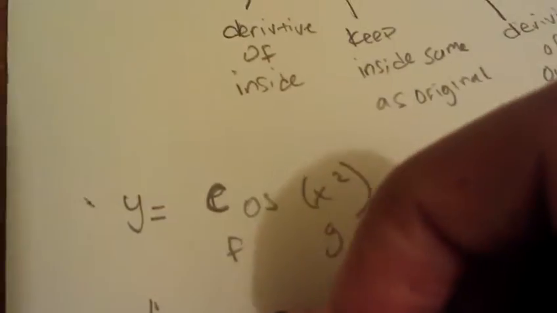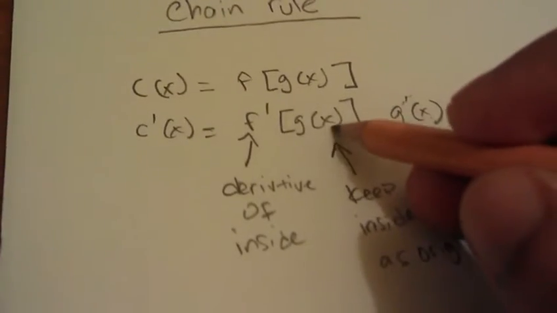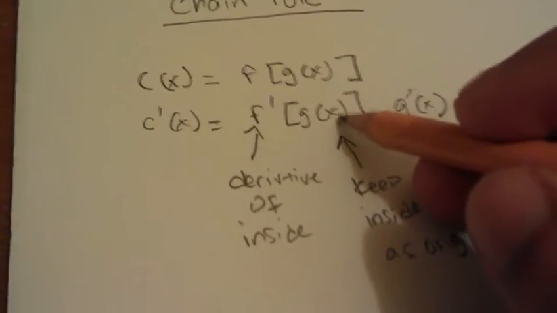The derivative of cosine, which is f, is negative sine. We keep x squared the same because that is g of x right there.